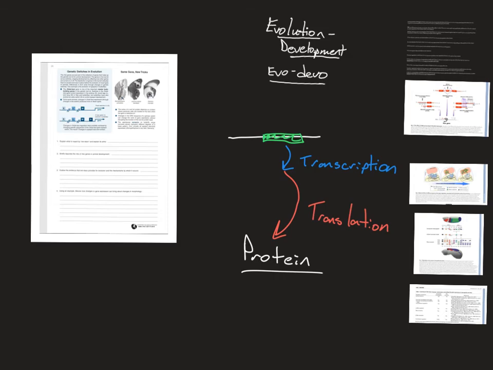If you make more of this protein, maybe it's a growth hormone and the thing is taller. Maybe that protein is a dye, a pigment, so if you make more of that protein, the redder the flower is, the more eye spots you get.